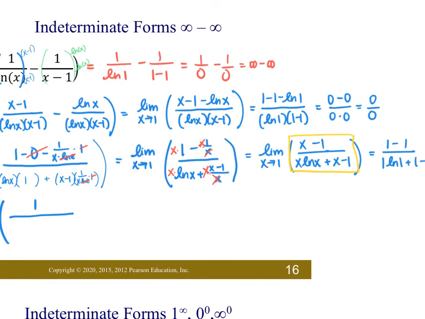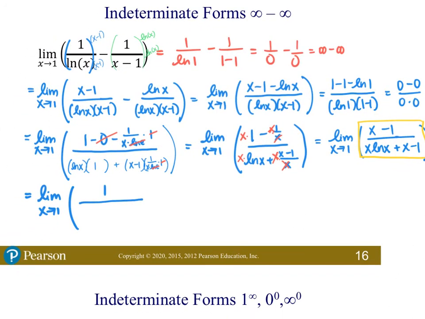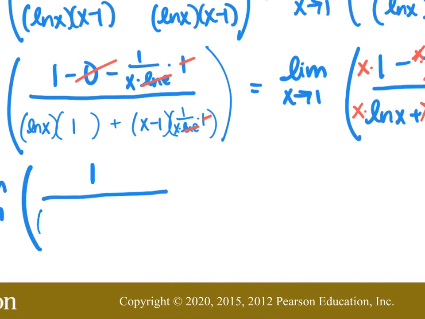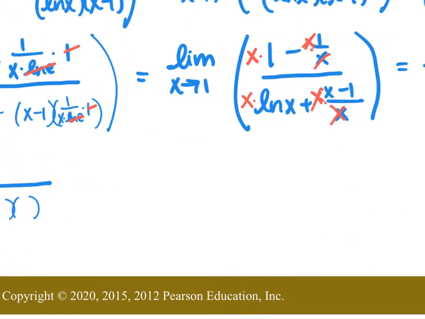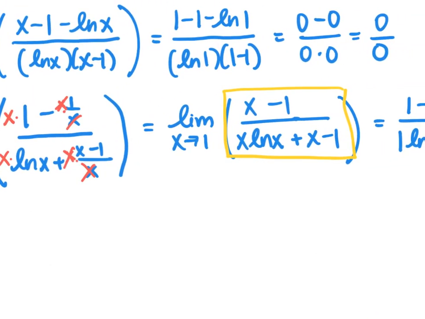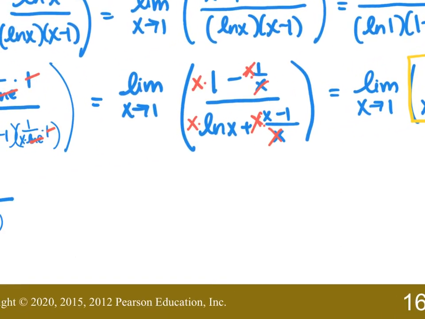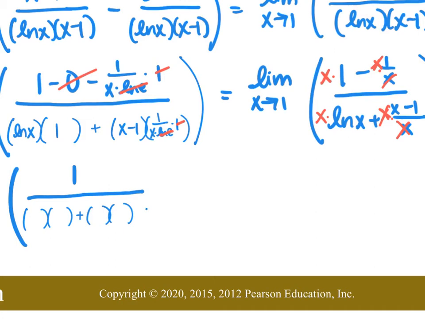The derivative of x ln x needs the product rule. And then I'm going to have the derivative of x minus 1 here, which is just 1. So while I'm at it, I'm going to do plus 1.